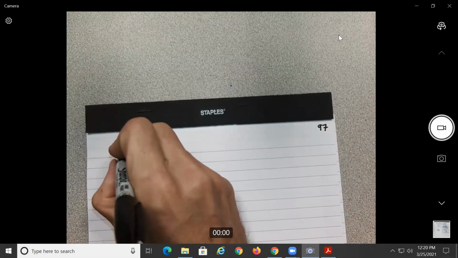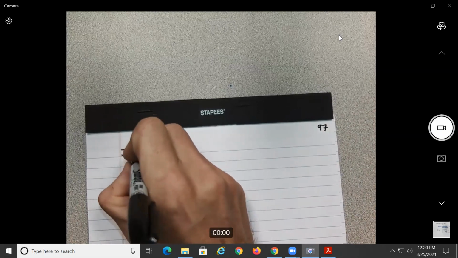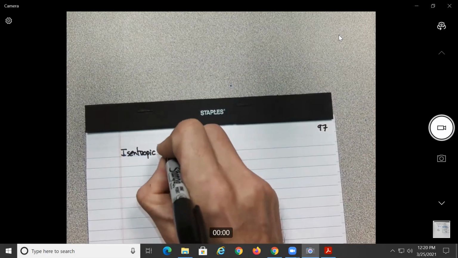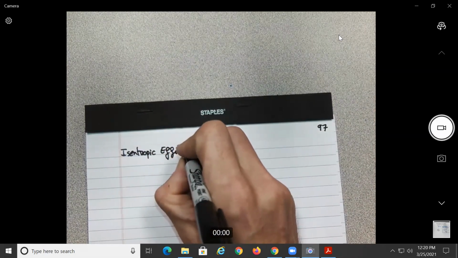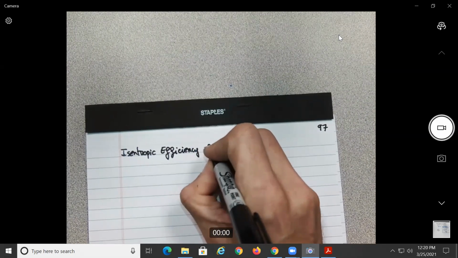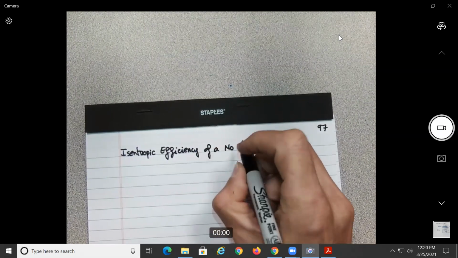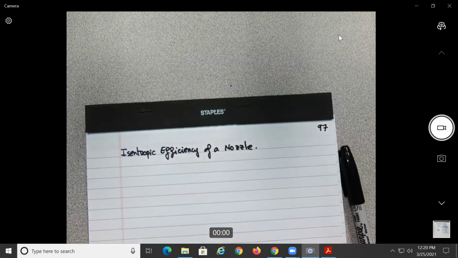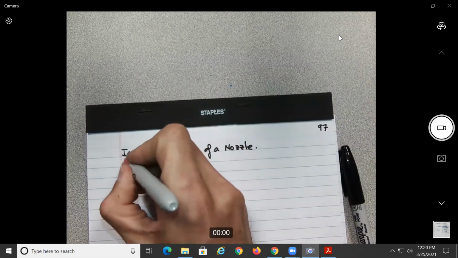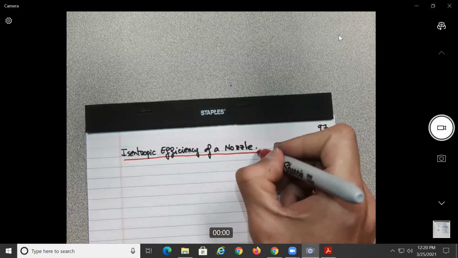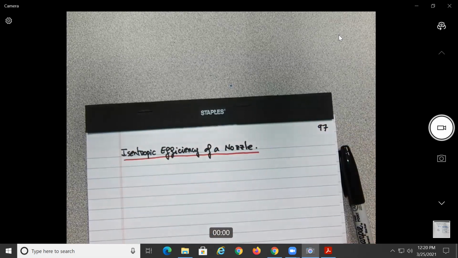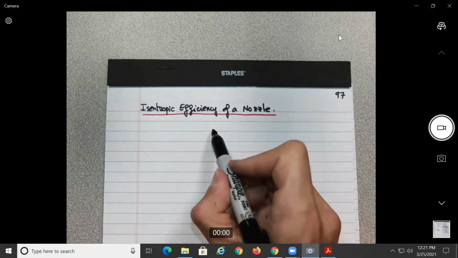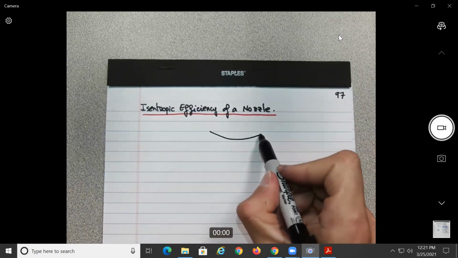Okay, so now we're going to look at the isentropic efficiency of a nozzle. So there's different ways to represent this. Your textbook will use this one.